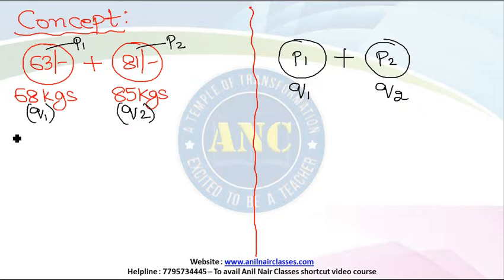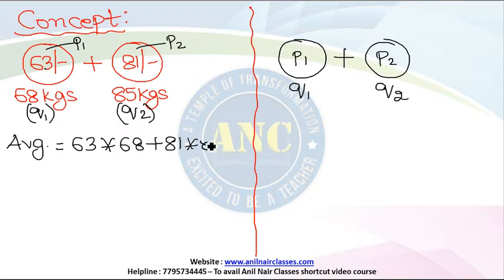Now, how did I find the average in this case? It is 63 rupees per kg times 68 kgs, plus 81 rupees per kg times 85 kgs, divided by 68 plus 85. Same analogy I will implement here.